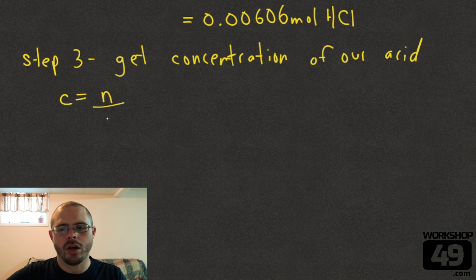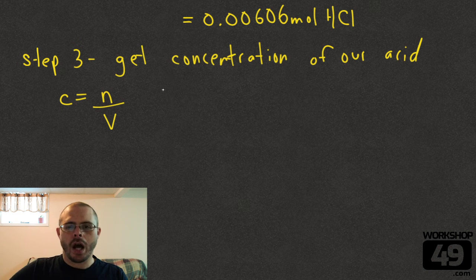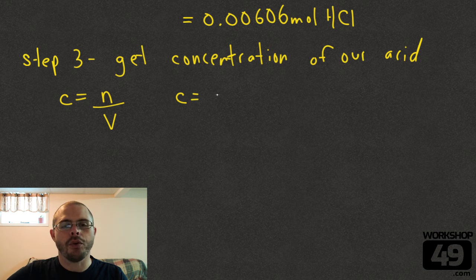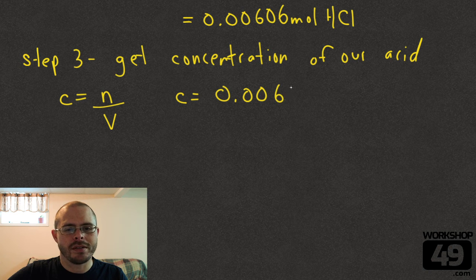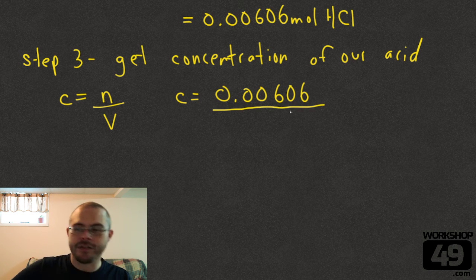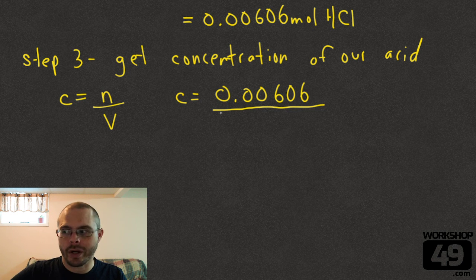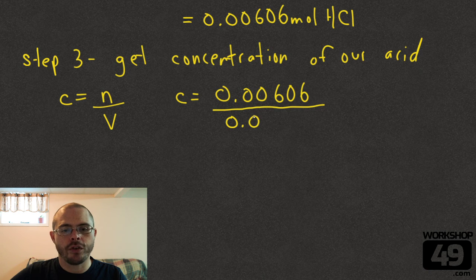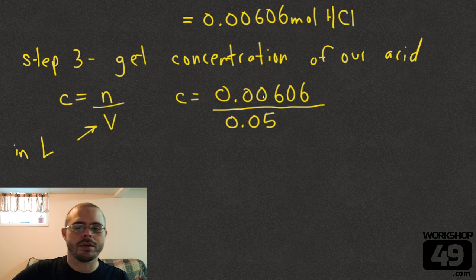C equals n over V. Our concentration is going to be unknown. Our number of moles, 0.00606. We would have to check back to the beginning to figure out what volume of hydrochloric acid we used. It was 50 mL. Do not forget that that has to be divided by 1,000. That volume always has to be in liters.